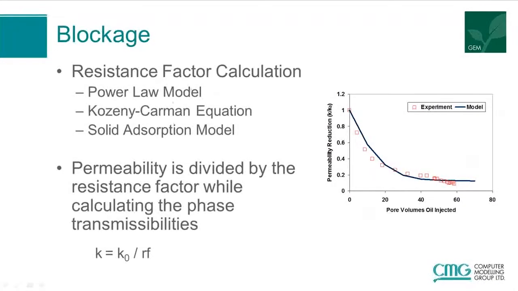These models represent the core flow test results as well as the field behavior well. The way this model works is that the permeability is changed by a resistance factor, in order to adjust the phase transmissibilities in the reservoir model.